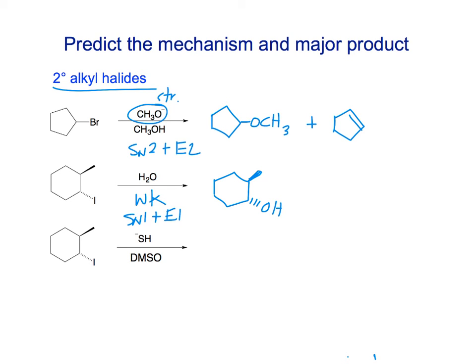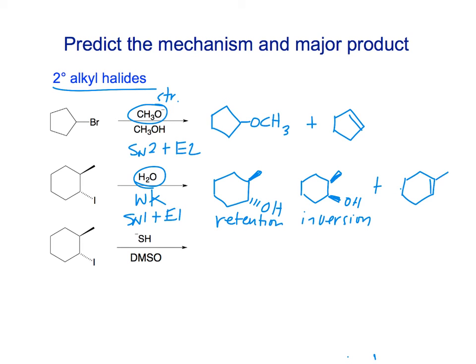So we're using water as the nucleophile, so we get an alcohol as a product. This would be for retention. Here is inversion. Right? We get a mixture of those two plus our elimination product will just show the one that follows Zaitsev rule. So we get a big mixture under these conditions.